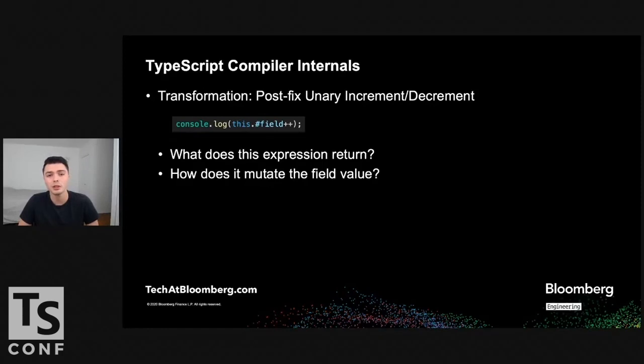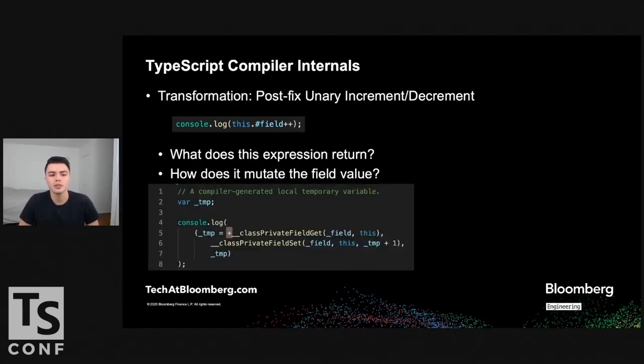It will be a number. So the first thing that we must do is coerce the field value to a number using the plus prefixed operator. Then we set the private field by incrementing that value by 1. Then we return that value. We wrap all of this up in a comma expression, which allows us to chain multiple expressions together and return a value at the end.